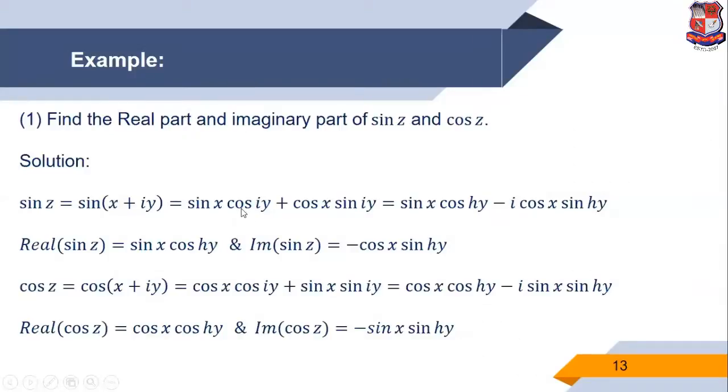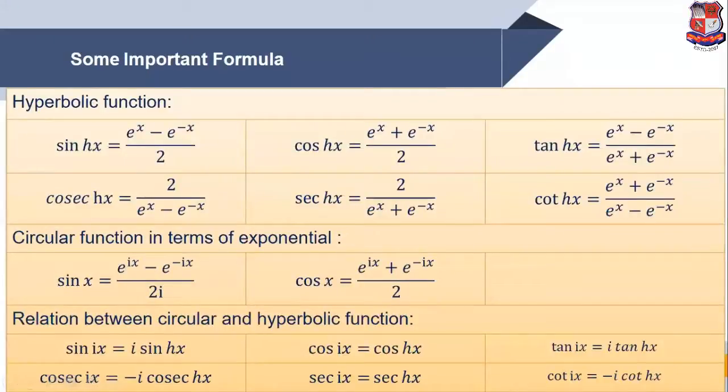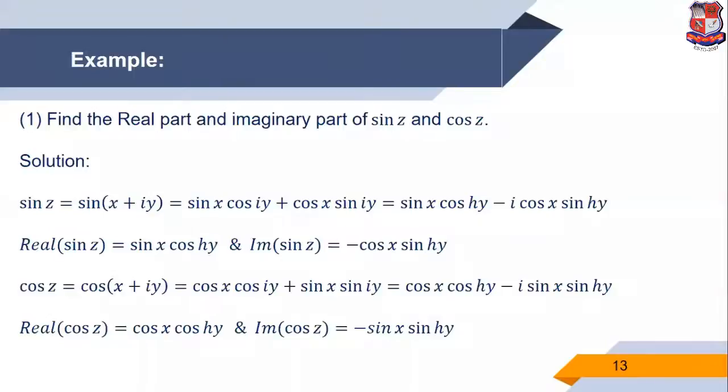Now we can't say which is the real part and which is the imaginary part yet. So first we use cos iy. Using the previous slide, we know that cos iy is cos hyperbolic y, and sin iy is i sin hyperbolic y.